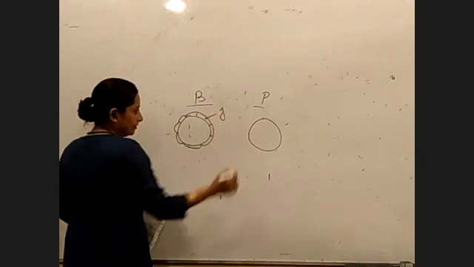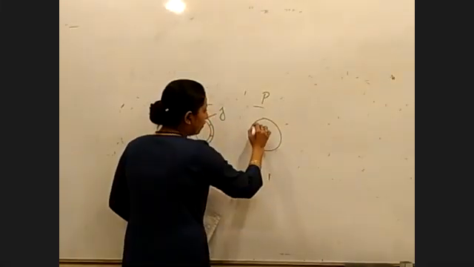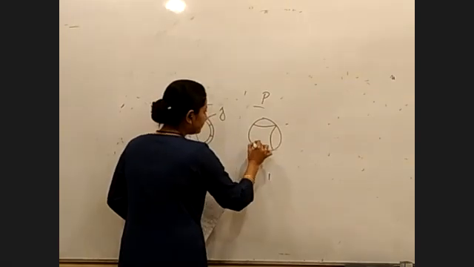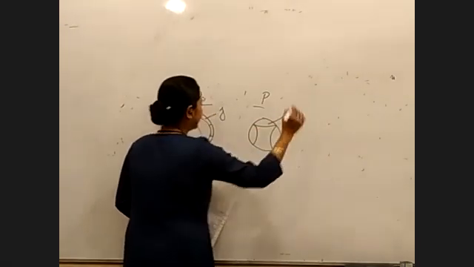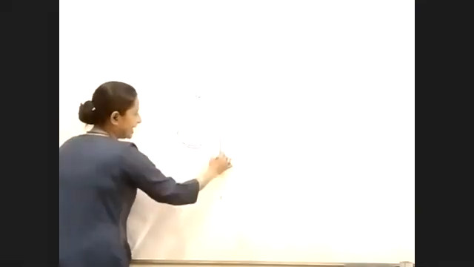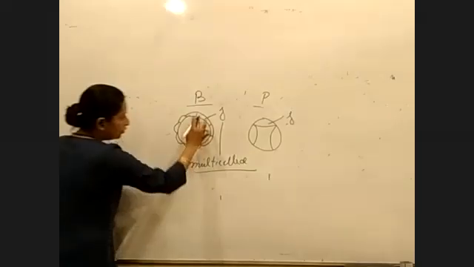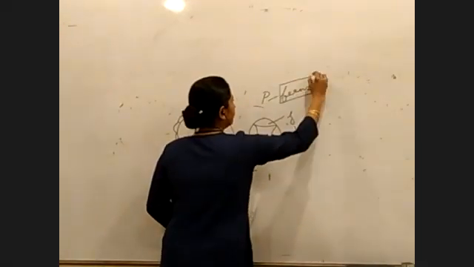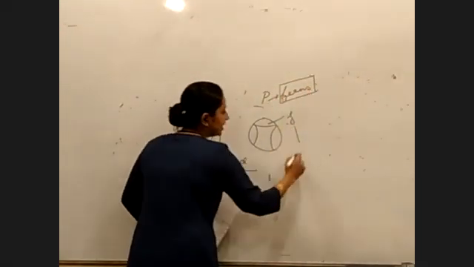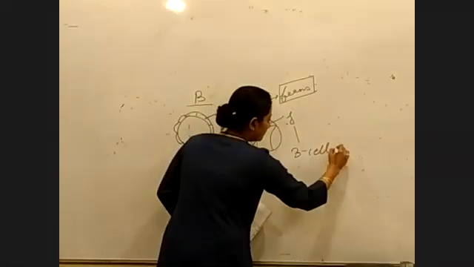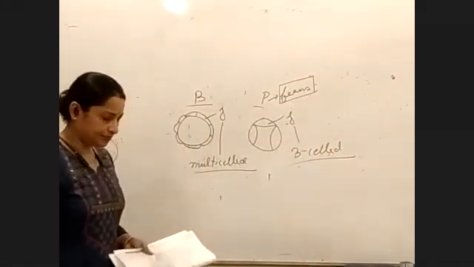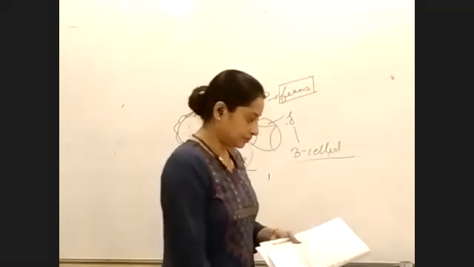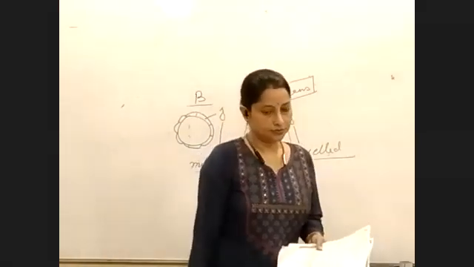In case of pteridophyte also, you will see a jacket. But in case of bryophyte, the jacket is multi-celled, many cells. In case of pteridophytes, especially ferns, the jacket is three-celled. Clear?